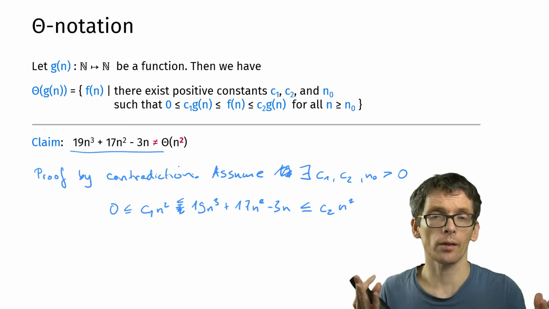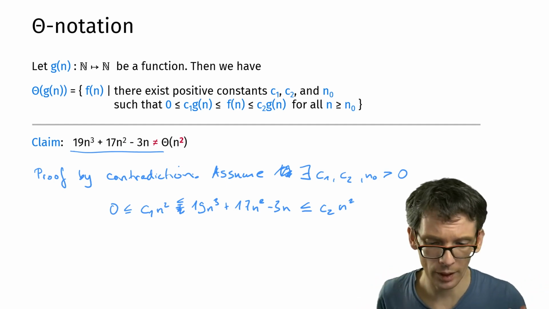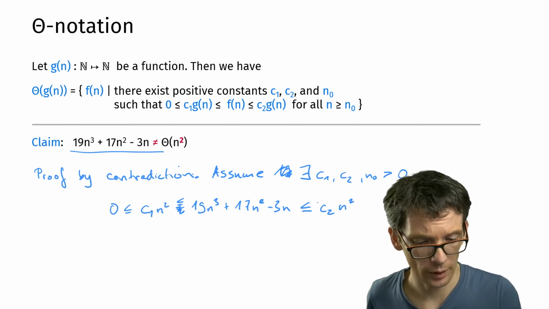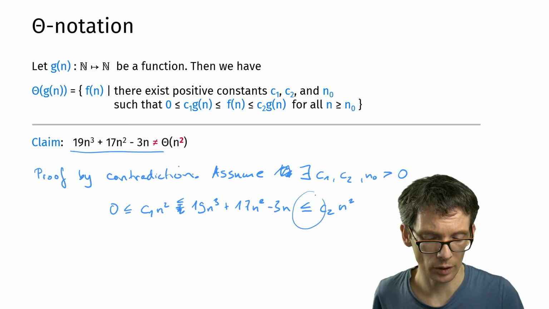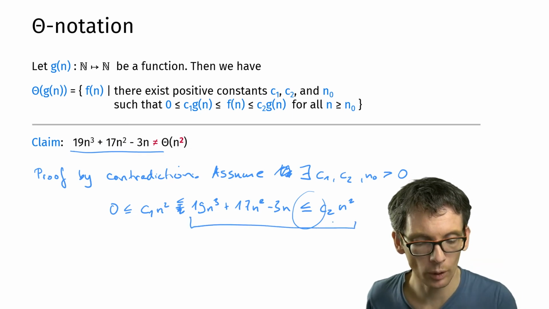Now you can already think about which part of the statement is nonsense. The part that is nonsense is the second inequality. And why is that the case? What does that tell me about C2?